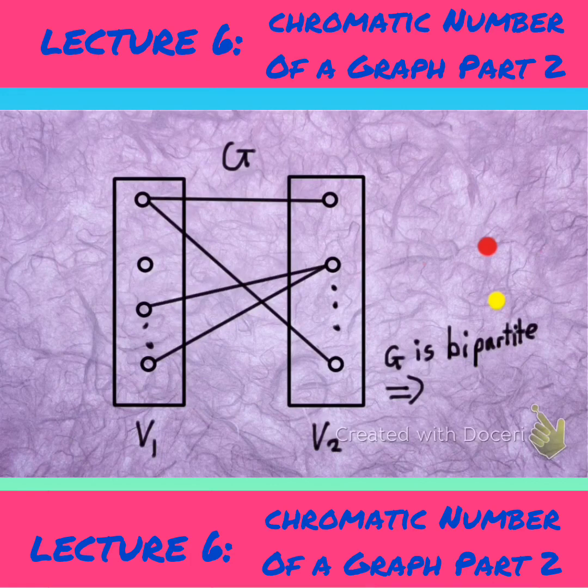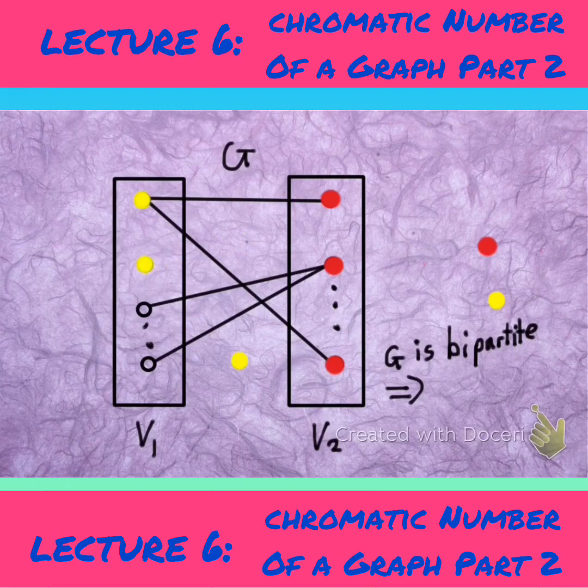This means that you can go and color the vertices in the one partite set with one color, and color the vertices in the other set with another color.